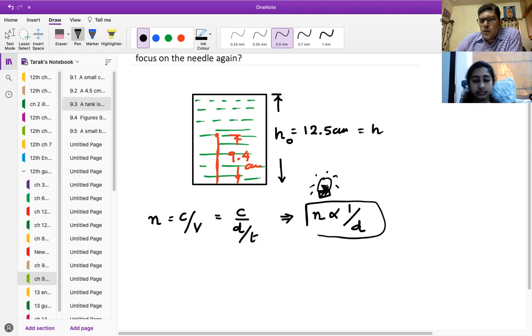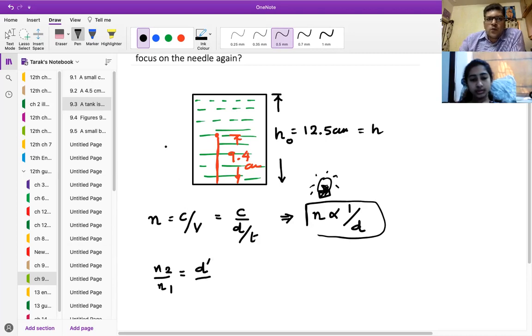So 12.5 is from the air, and 9.4 is already in the liquid. So can I say that n2 divided by n1 equals 1 upon d dash divided by 1 upon d?